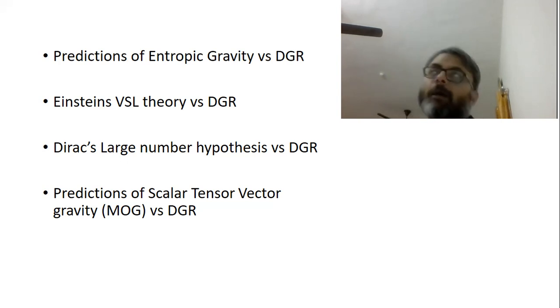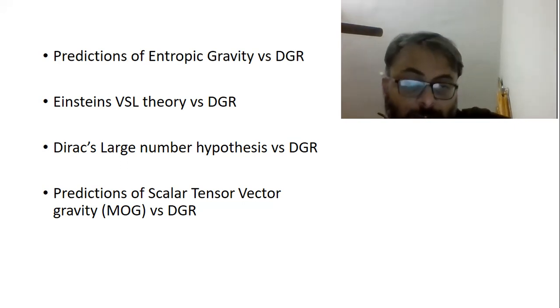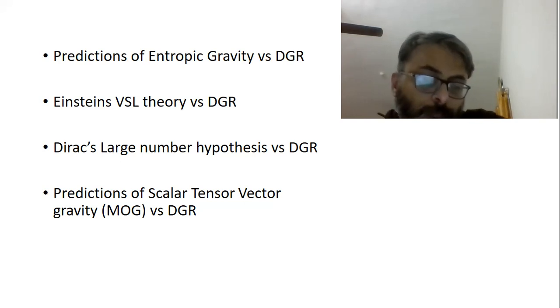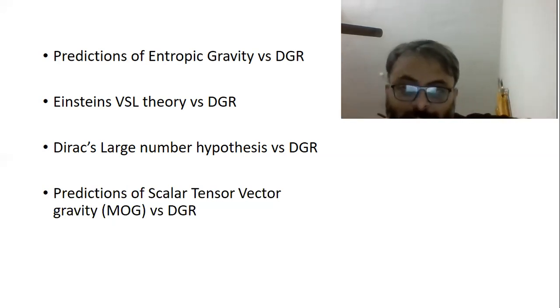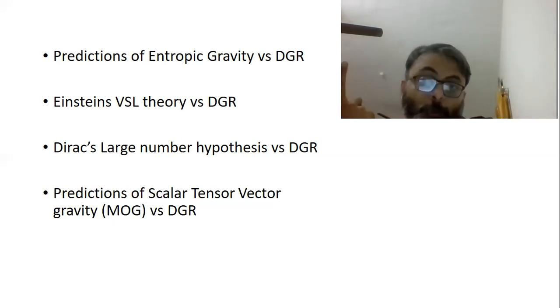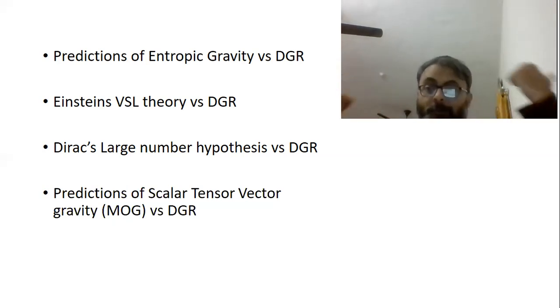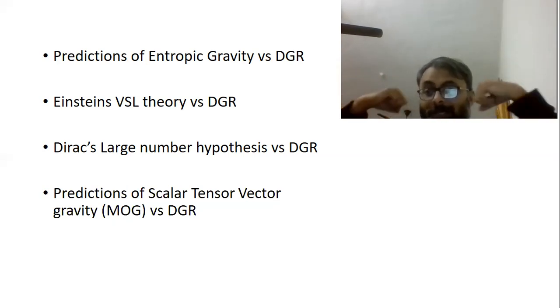But now I realize that this scalar tensor vector gravity is also pretty close to DGR, because it proposes that nearer to the solar system, if there are two gravitating objects, there is a fifth force which is pulling them apart and hindering the gravity.